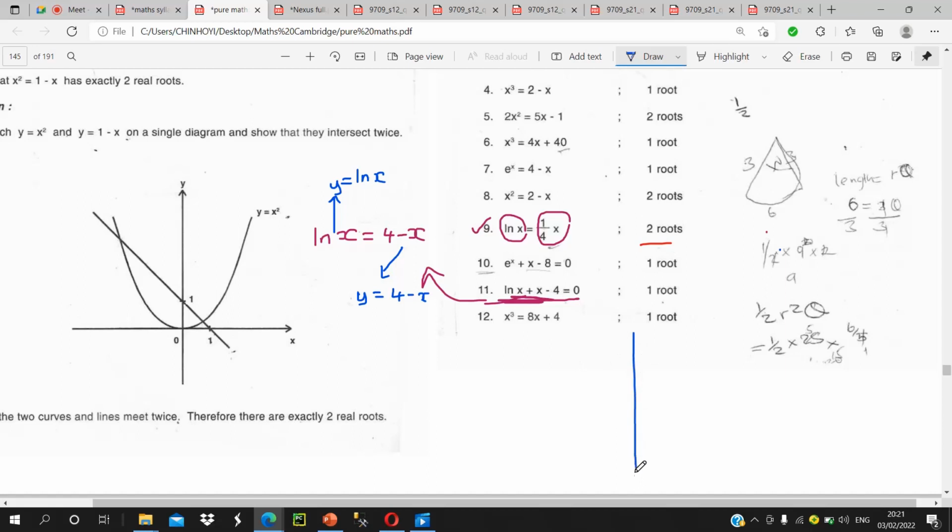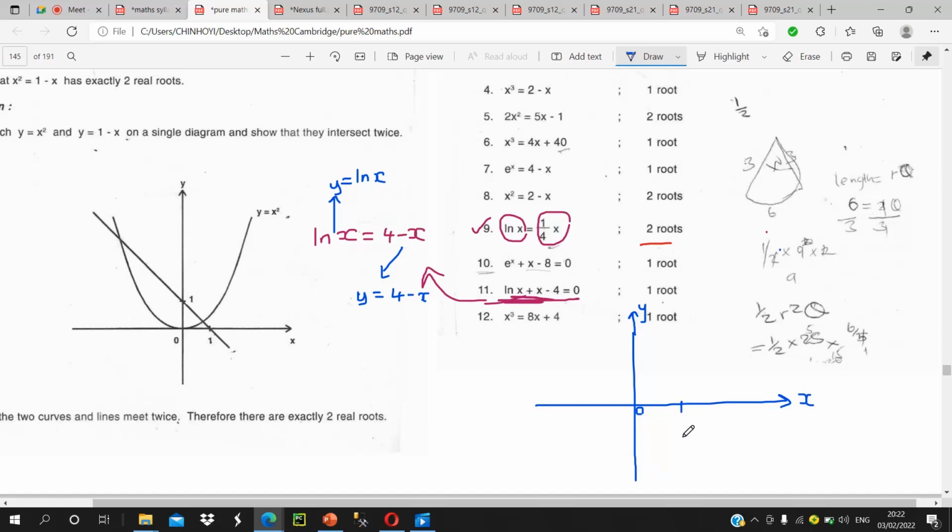So now we are doing our sketch here. Here is our origin.